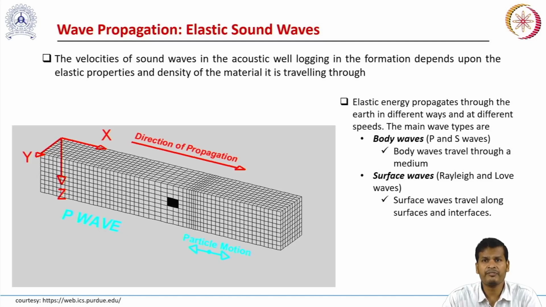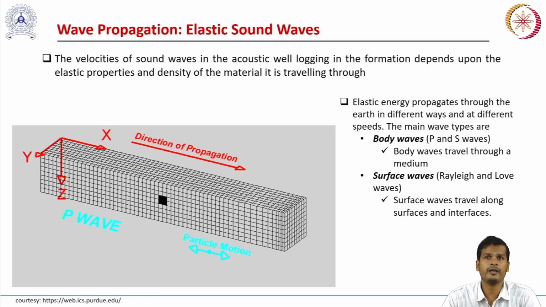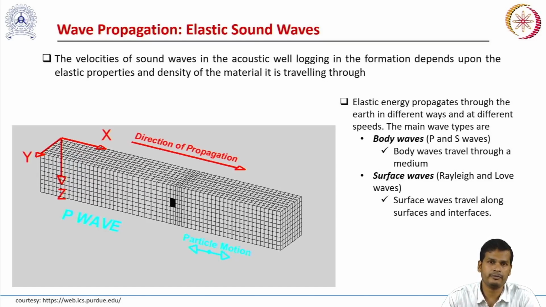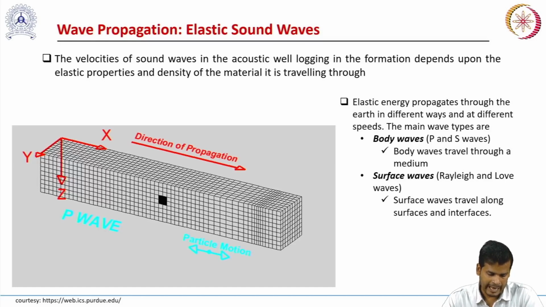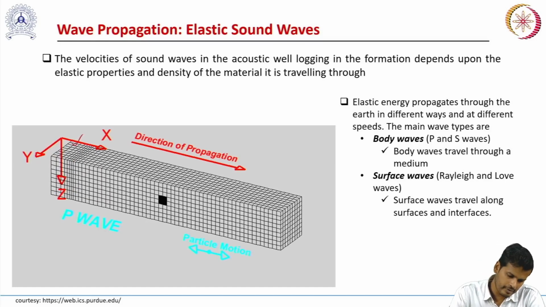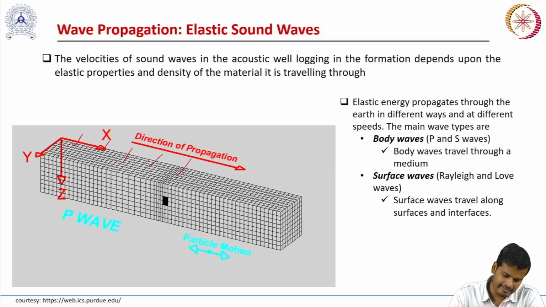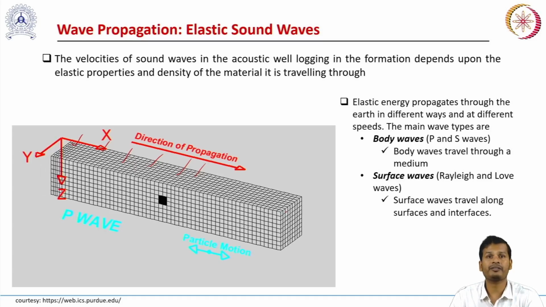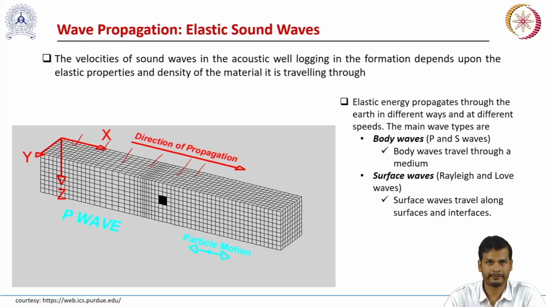The velocity of a sound wave in acoustic wave logging in the formation depends upon the elastic properties and the density of the material it is traveling through. As you can see in this animation, the particles of the medium are moving when a sound wave is originated, and this way the acoustic energy is propagated.